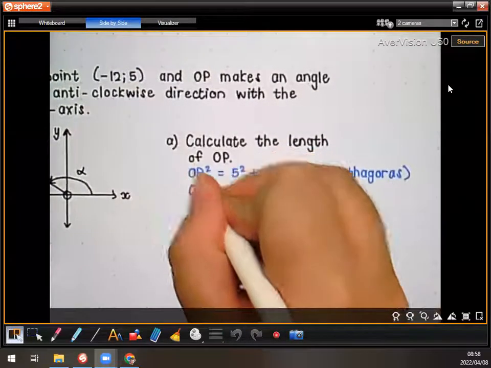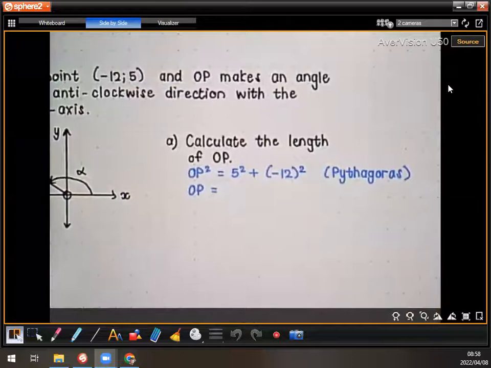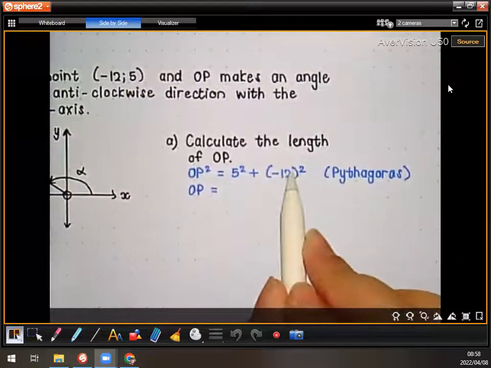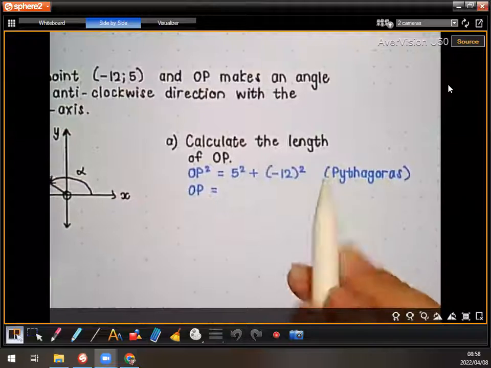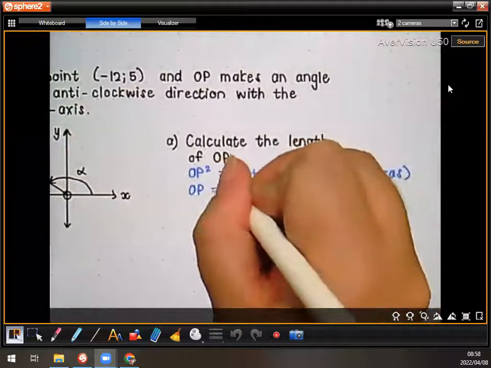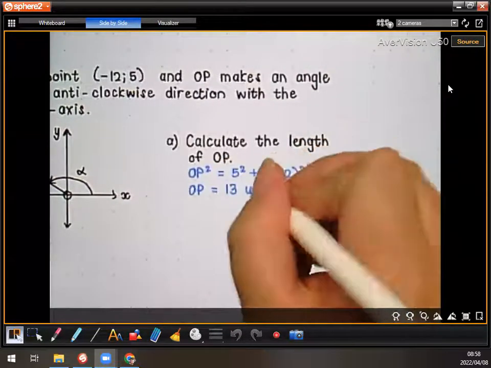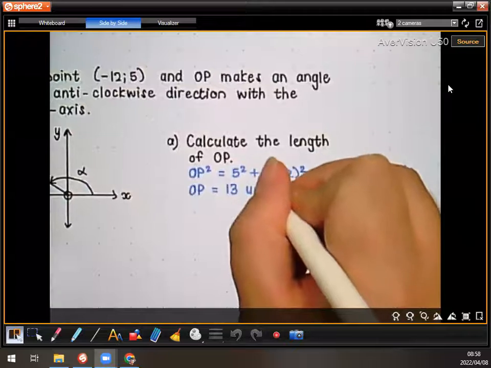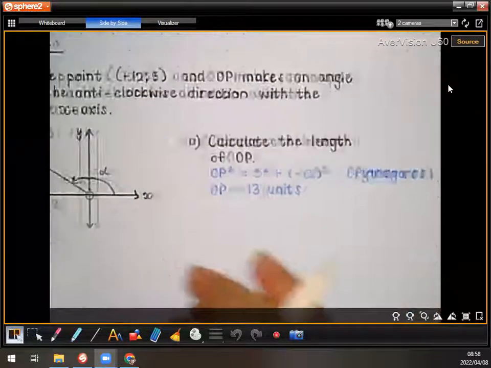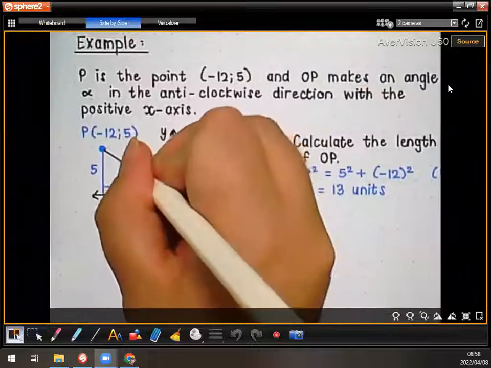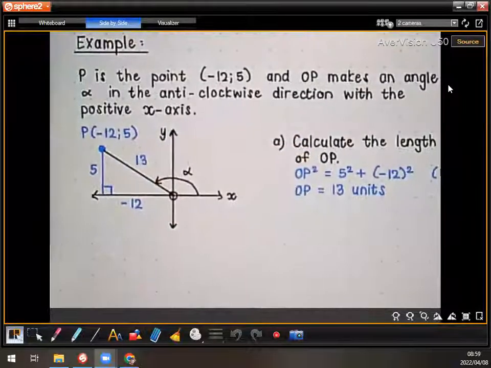So from here, OP squared, that's 25, that's 144, together 25 and 144 is 169. The square root of that is 13. And you would then put that in on your diagram.